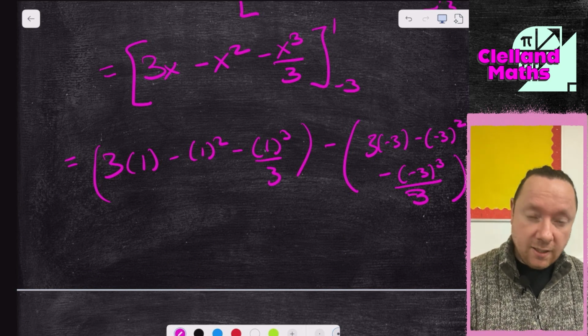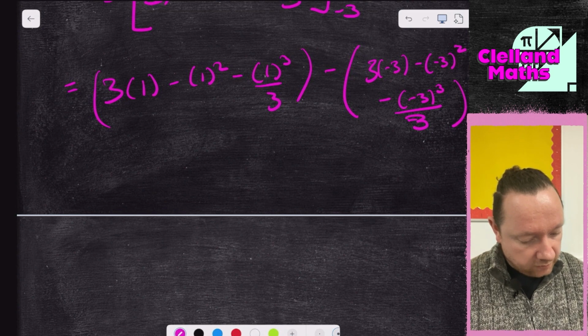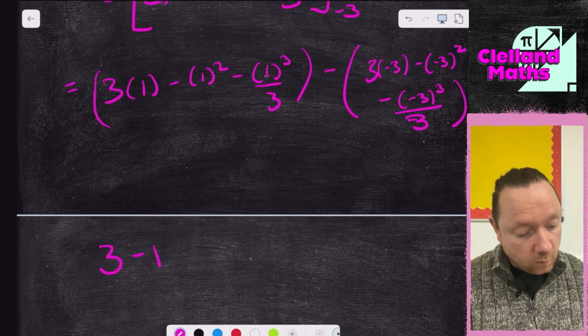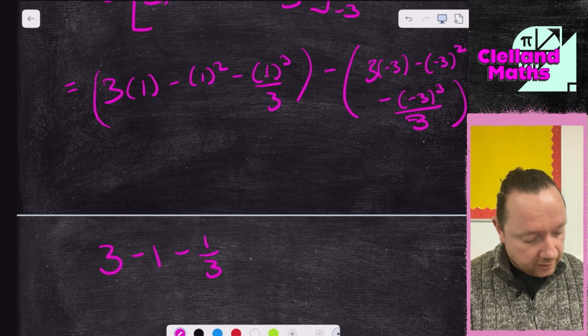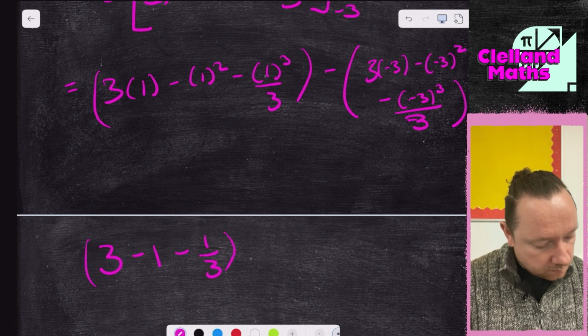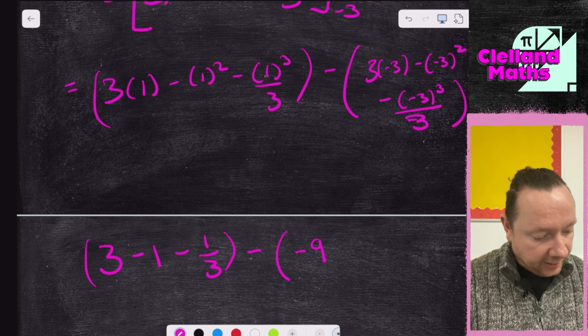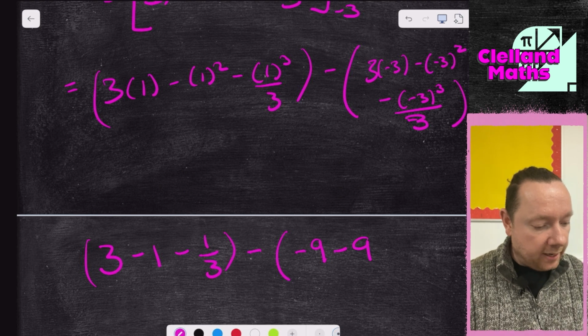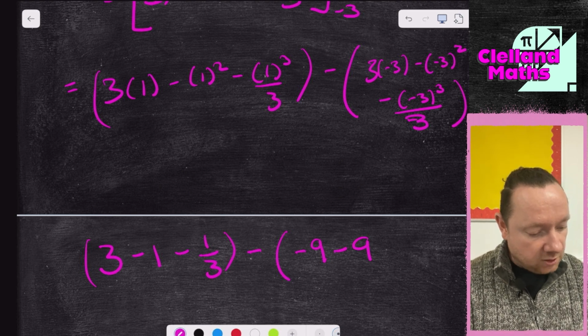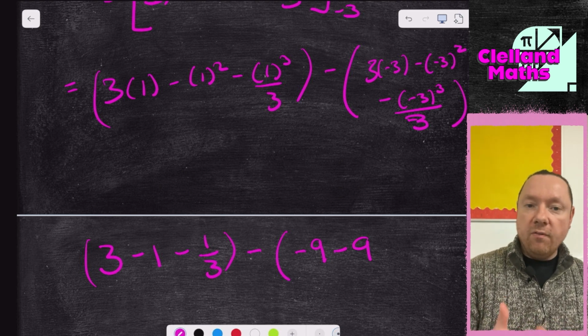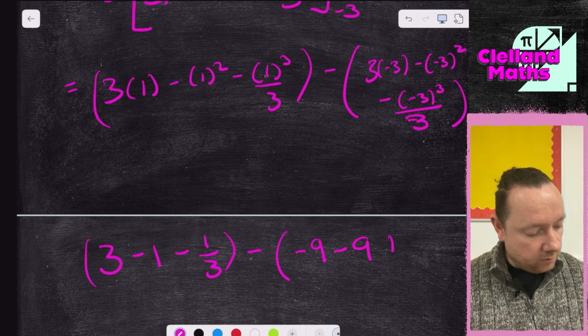Let me see if I can work it out exactly. 3 ones is 3, 1 squared is 1, 1 cubed is 1, so that's the first bracket. Simplified, minus 3 times minus 3 is minus 9. Minus 3 squared is 9, but I've got another minus, so minus 9. Minus 3 cubed is minus 27, but I've got another minus, so it's plus 27, but over 3, 9 is 27, so plus 9.